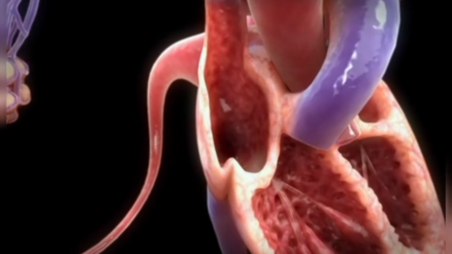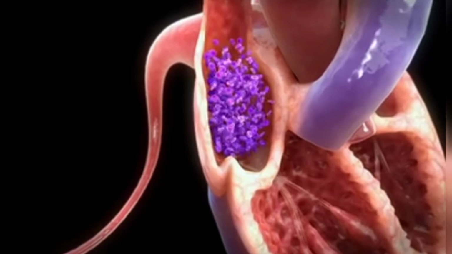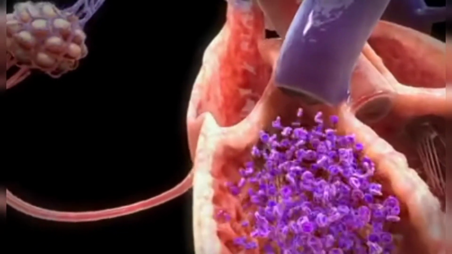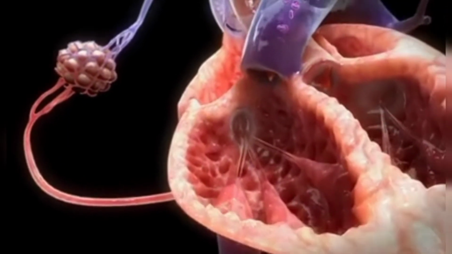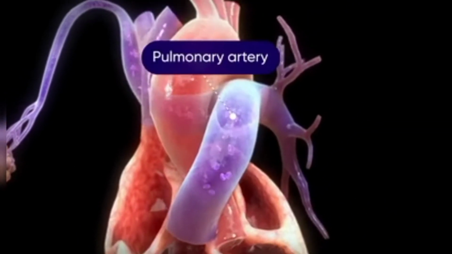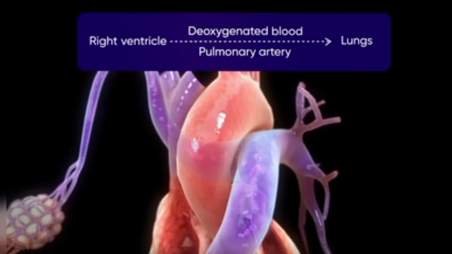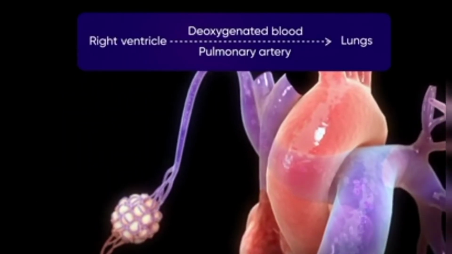The right and left atria pump blood into the right and left ventricles, respectively. From the right ventricle arises a pulmonary artery, which carries deoxygenated blood to the lungs.